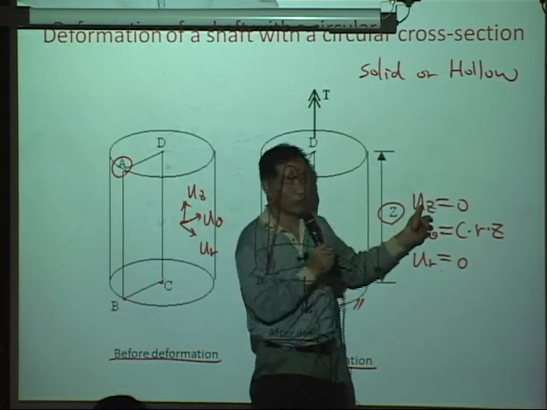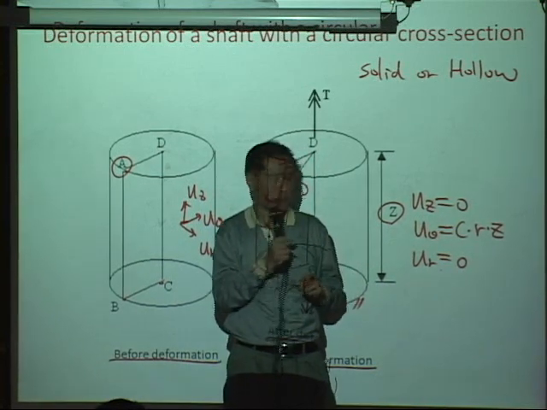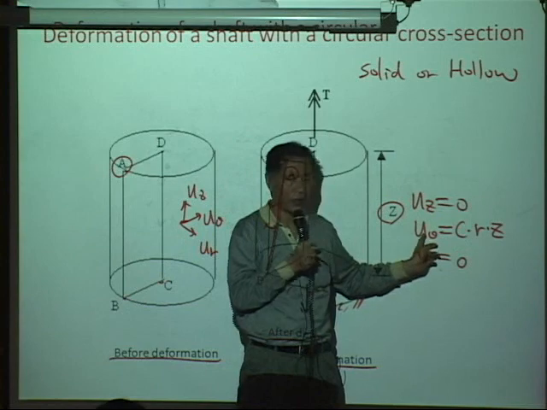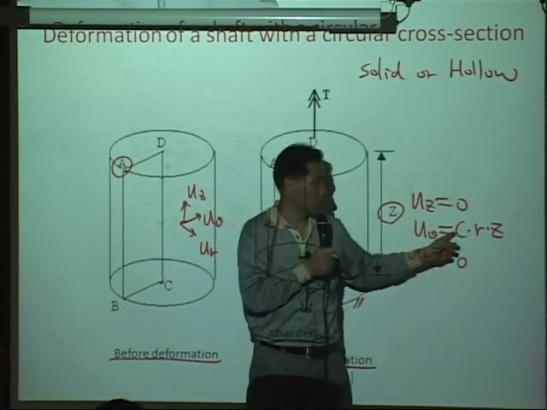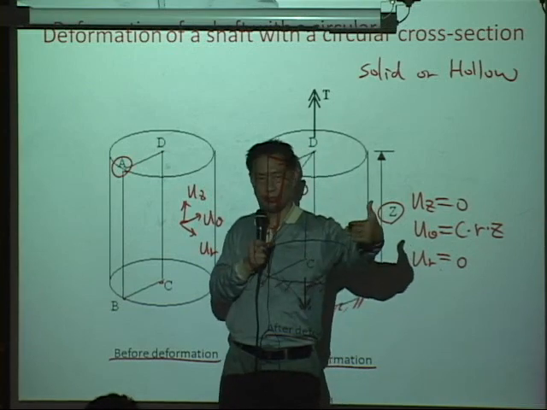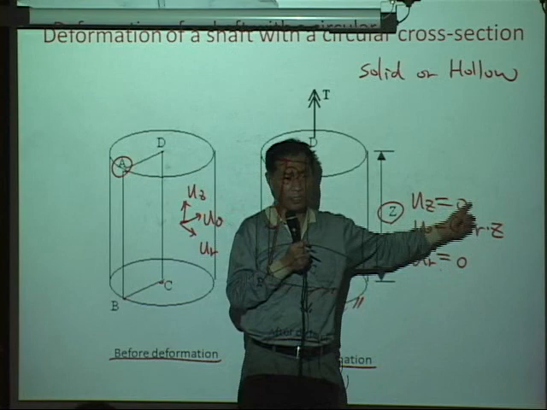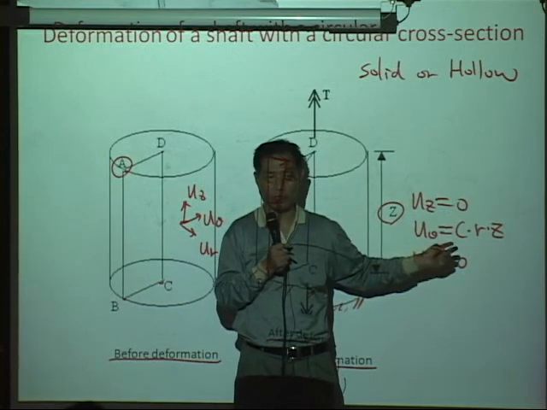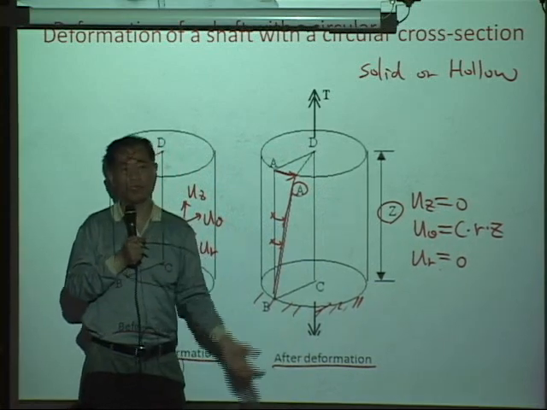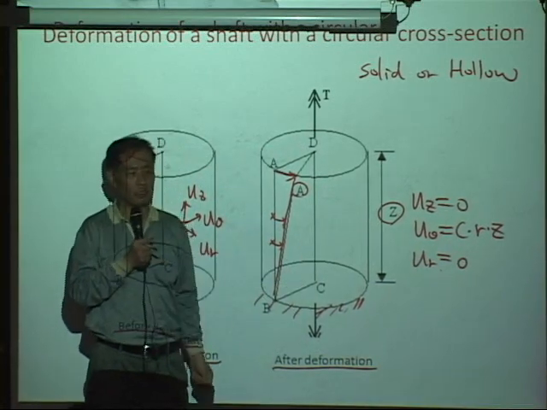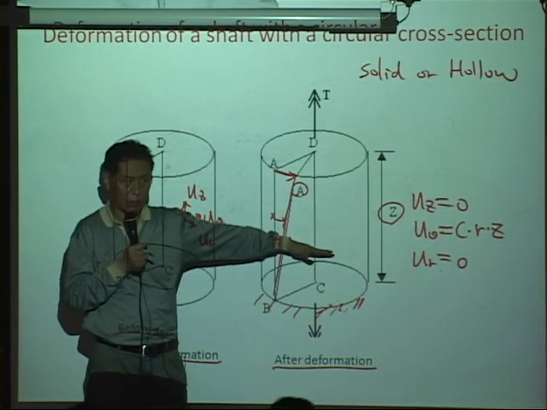That means in the Z direction there is no displacement. The only displacement that we observe is the theta directional displacement, which is proportional to R and Z. Okay? So this is the mathematical expression for this kind of geometrical displacement. Very important.